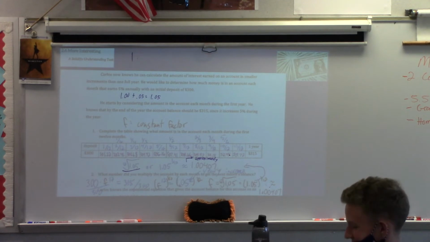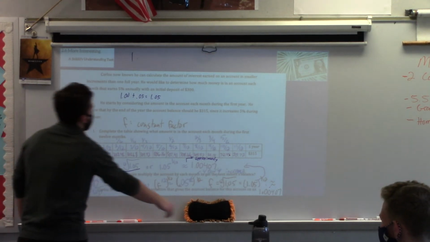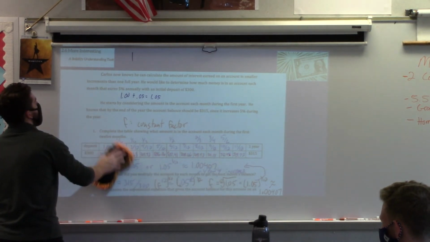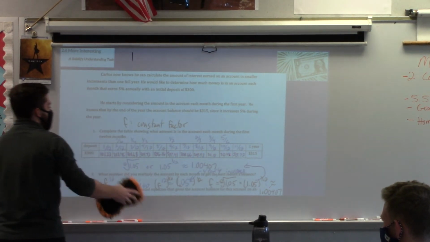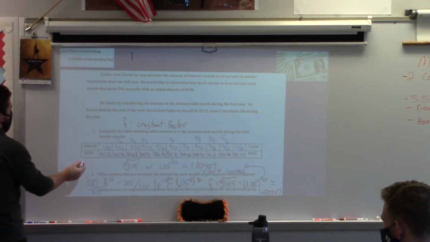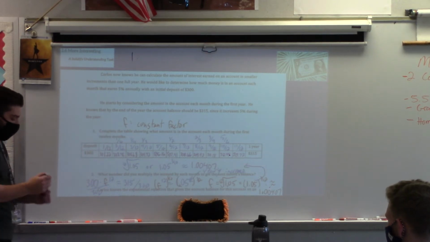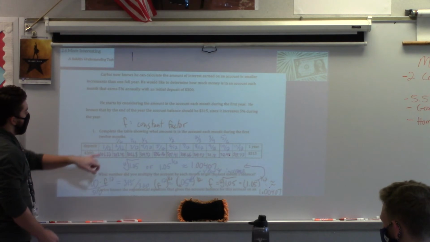Gavin, mask up. Are there any other questions about this before we move on? What'd you do with that number? It's a good question. So we started with 300, and we knew that to get to 315, we multiply by 1.05. And so now we need to split it up into 12.